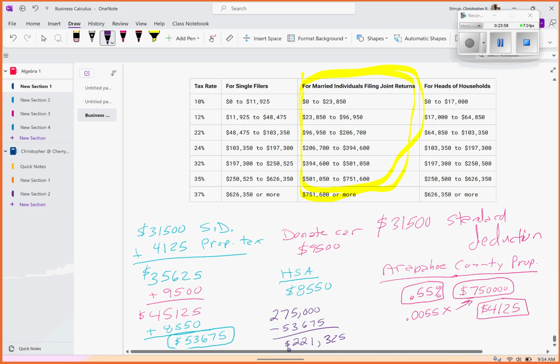With a family, they would give me $6,000, but that means if my family is on this plan, I can only add $2,550 to my HSA, which means I can't subtract this $8,550. I can only subtract $2,550, which means that this is not going to be quite as big.